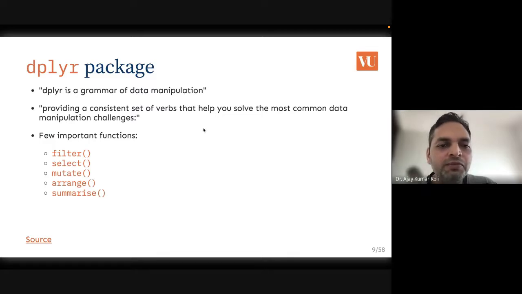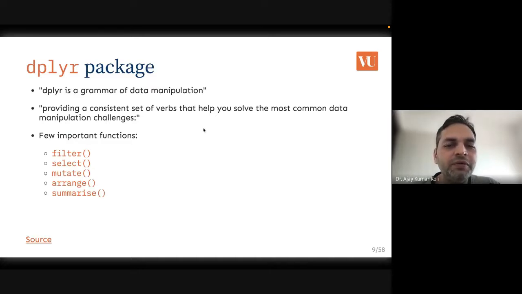As the name suggests, filter means this function will help us to filter our data based upon the observations: which observations you want, which you do not want. If you have this kind of question in front of you, we can use the function filter. Then we have the function select: which variables you want to keep, which variables you do not want to keep in your data, you can use select.